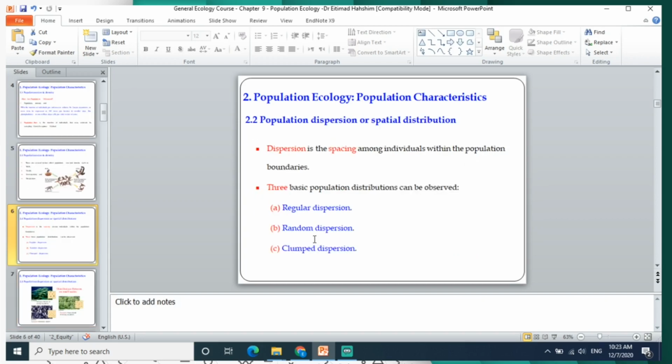And there are several population characteristics, for example dispersion and spatial distribution. Dispersion is the spacing among individuals within population boundaries, and there are three basic types of population dispersion observed in nature: regular dispersion, random dispersion, and clumped dispersion.